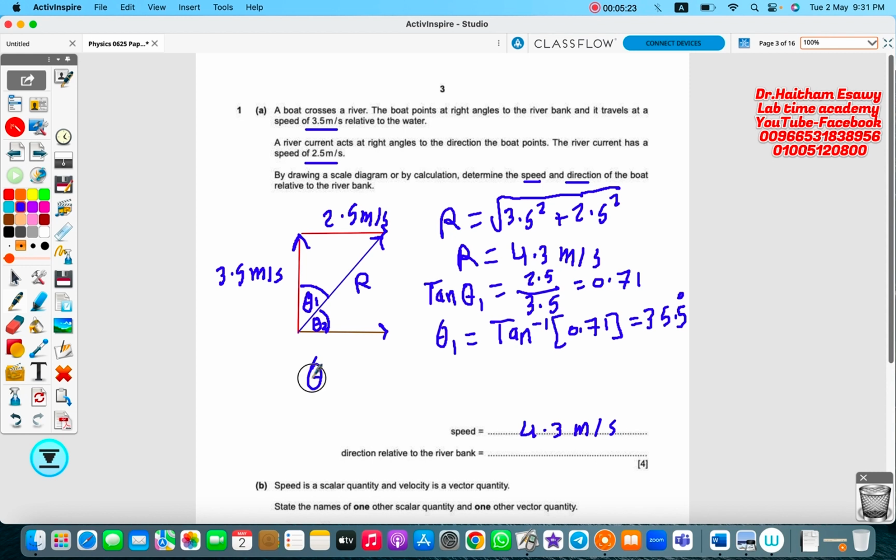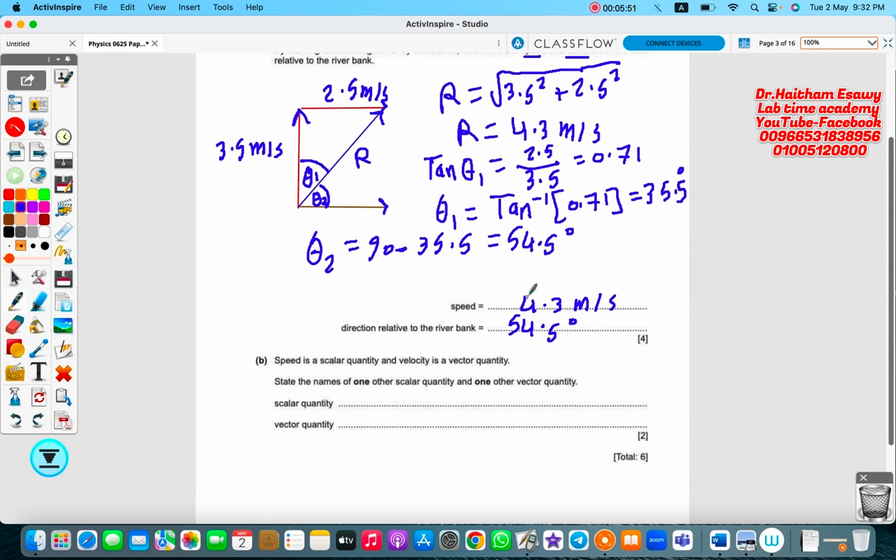So theta 2 that I want to get will be 90 minus theta 1. So we have 90 minus 35.5, which will be equal to 54.5 degrees. Okay, that's it.